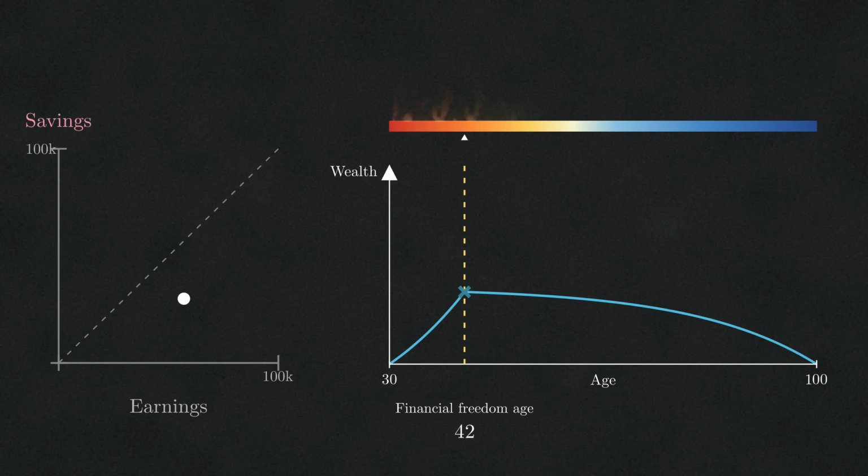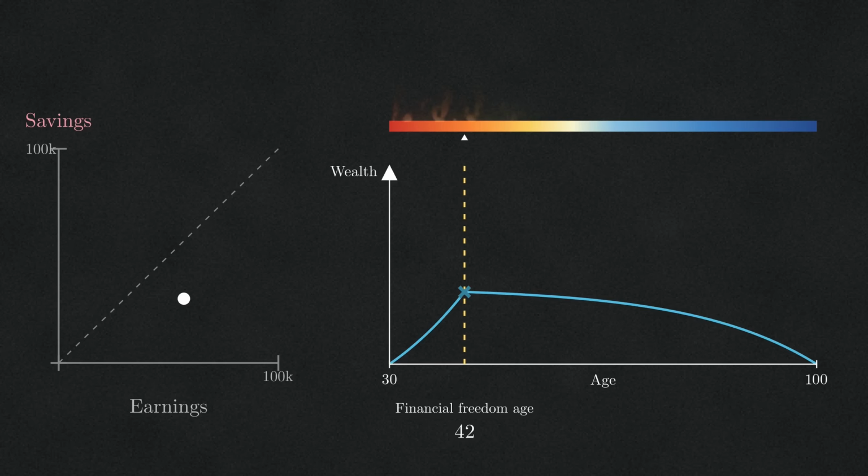Wandering around our input grid, we can color in the financial freedom age for a given pair of inputs. We can color in the whole input space this way, and also mark the corresponding points where financial freedom is reached on the lifetime wealth chart.